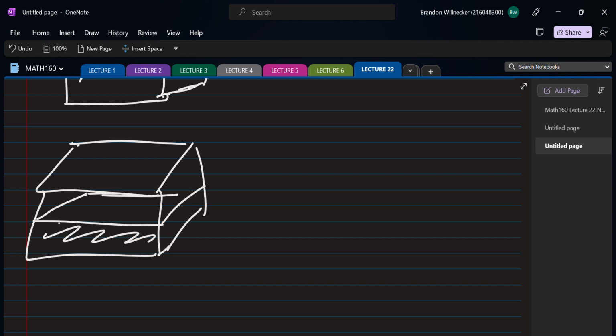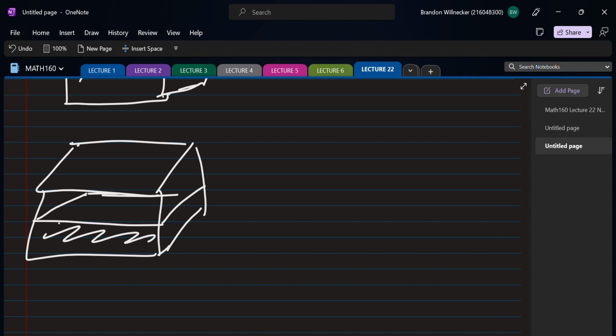So this bottom part has a high density. The top part has a low density because it's air, it has less mass. So we can see across the volume here, there's a change in density. Right? The bottom part has high, top part has low. The density is not uniform. Okay, it's different if we look at different parts of this.